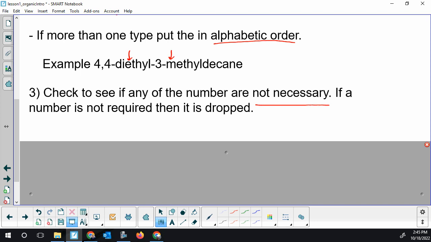If there is only one possible number, so you go to put a 2, and you're like, there's no way I could have a 1. There's no way I could have a 3. You don't put the number. The number is dropped.